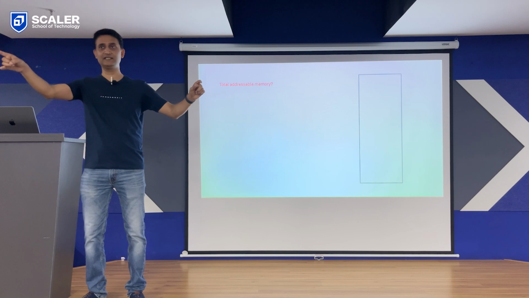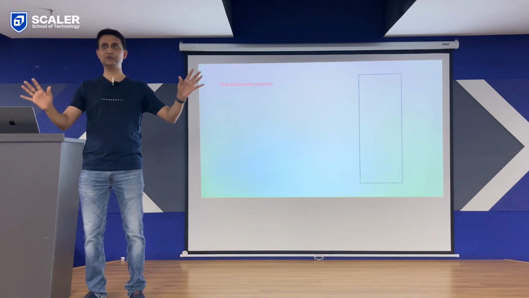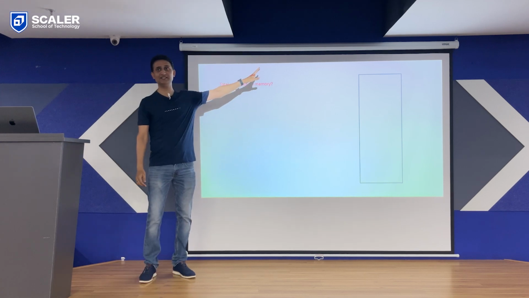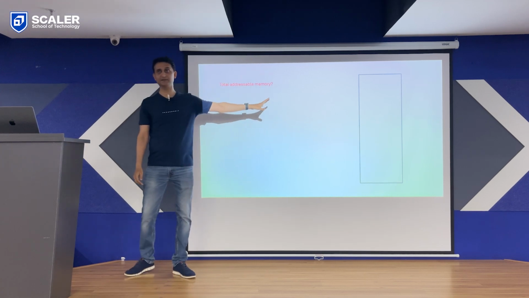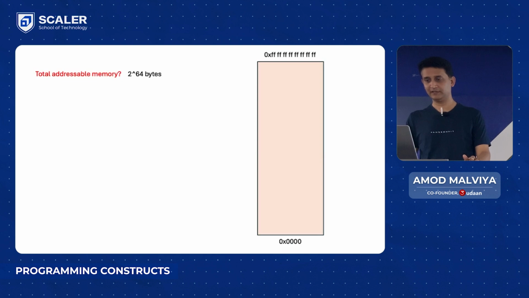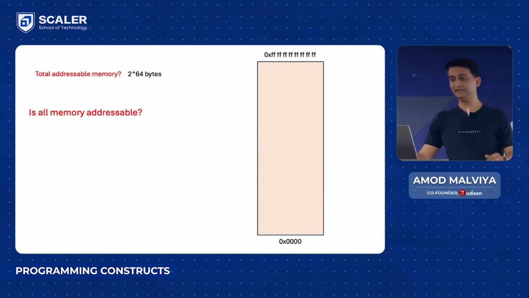One program cannot write into the memory of another program unless explicitly enabled to do so. So each program has an address space, a memory space available to it. And as we discussed, 2 raised to 64, it should actually be bits, ranging from address 0 to all bits being 1.